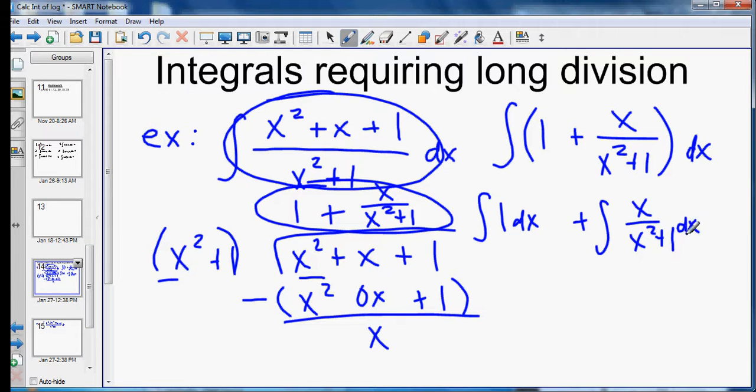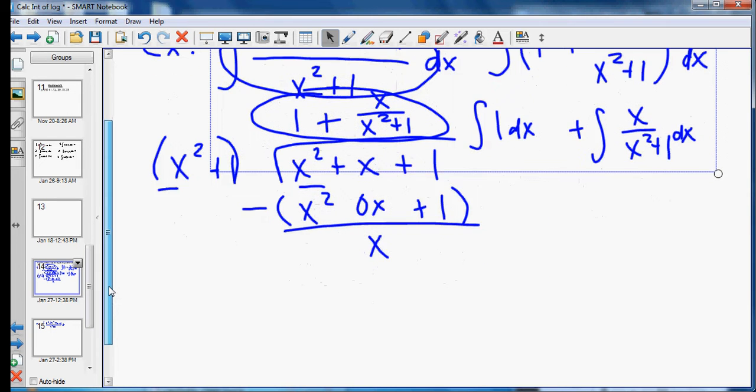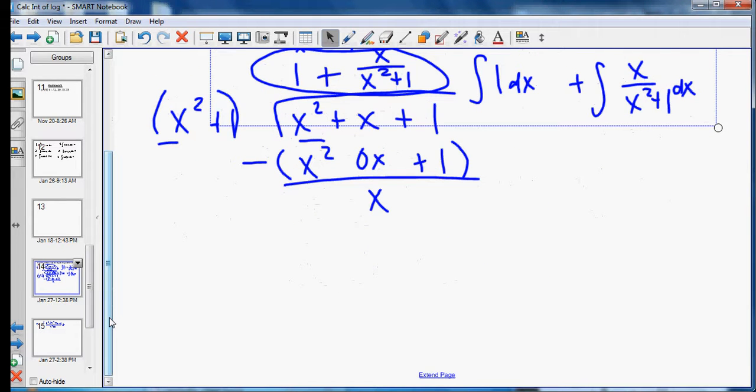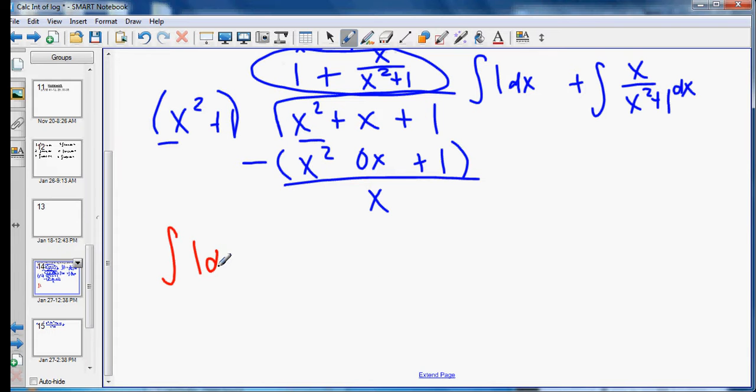So just to save myself some room, I'm going to move this down so we can see things a little better. Tell you what, I'll just rewrite it down here below. Integral of 1 dx plus the integral of x over x squared plus 1 dx.